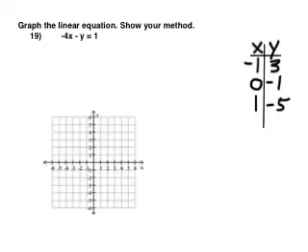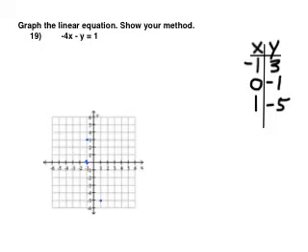Okay, so let's plot our points. Negative 1, 3, right there. 0, negative 1. Okay, and 1, negative 5. Uh-oh, I did something wrong. Can you tell why?